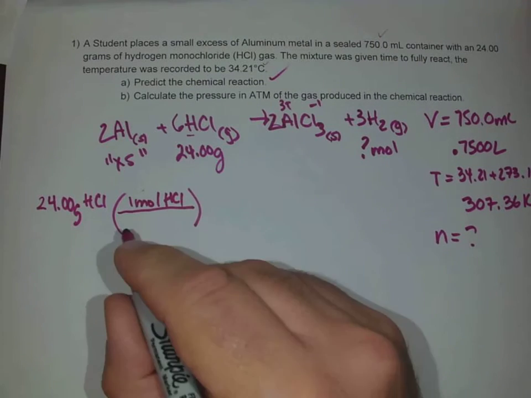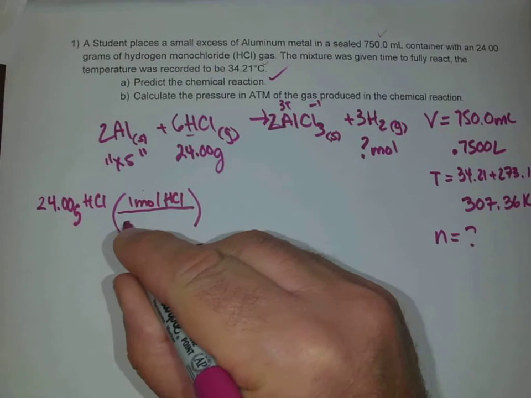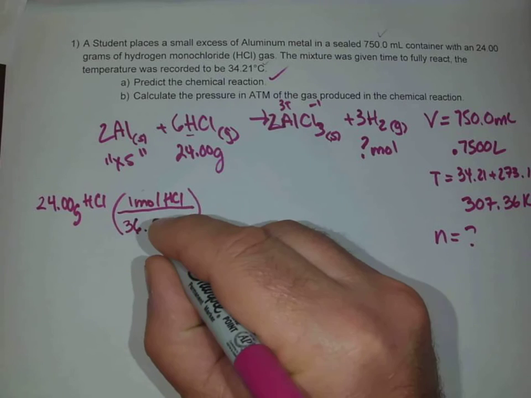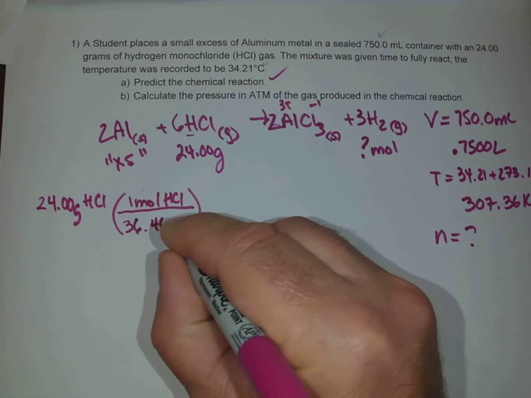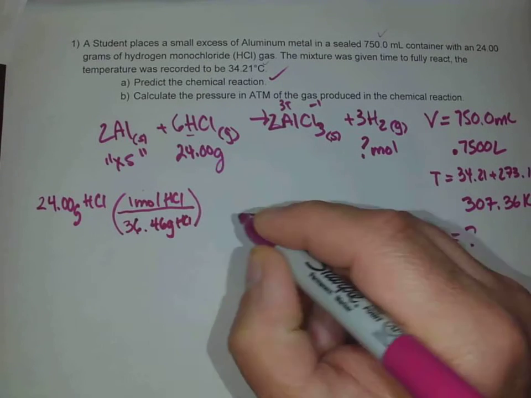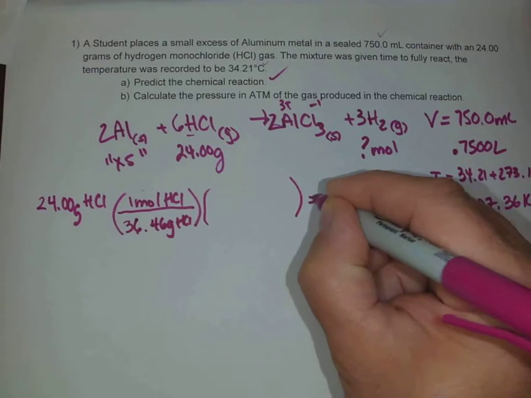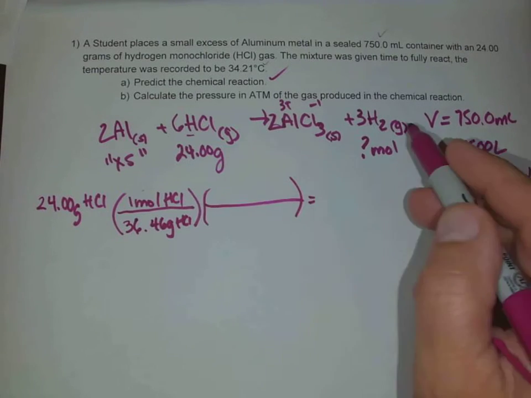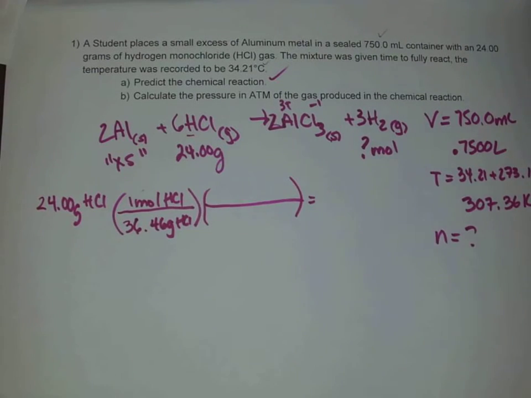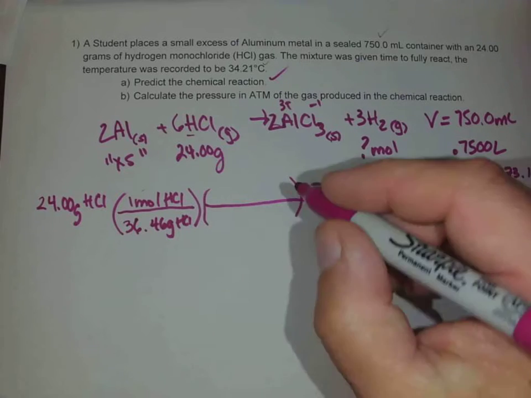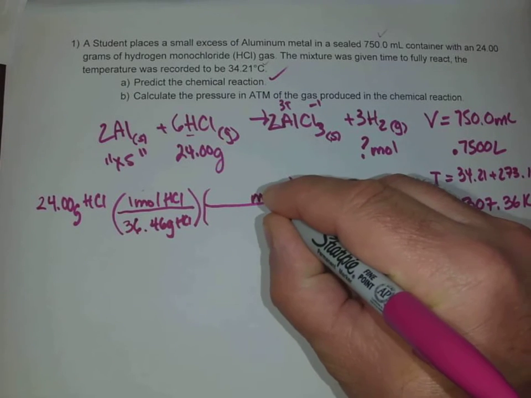I like to label things so I don't forget what things are. The molar mass of HCl is 36.46 grams. So we want to know not how many grams of H2, because then we'd have to go back and convert it back to moles anyway. So let's just figure out how many moles of H2.